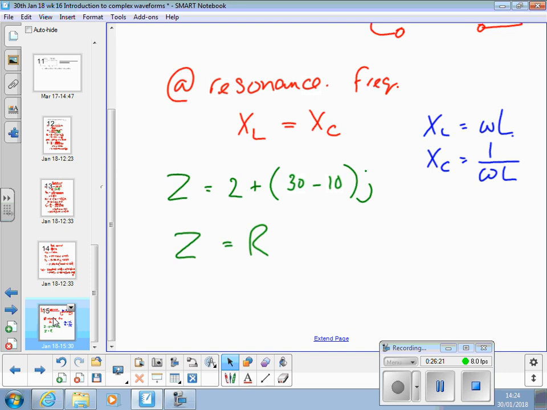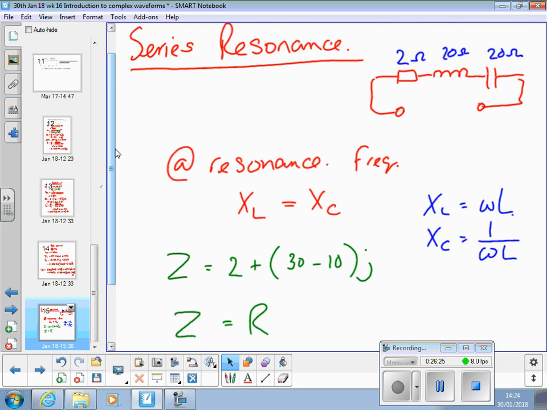So at resonance, if we've got 100 volts there, the current flowing is 100 over 2, 50 amps. Yep. Now we've changed the frequency, so the inductive reactance has gone up, capacitive reactance has gone down. What's the new impedance? Just quickly, in complex polar form.